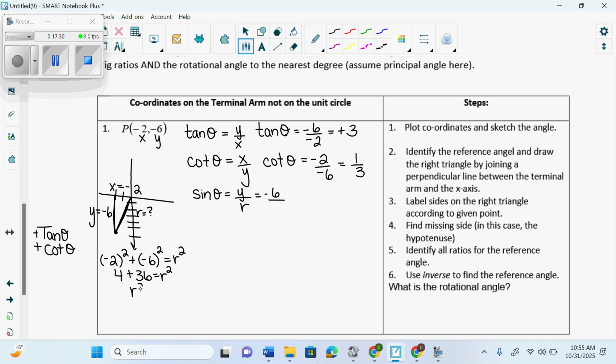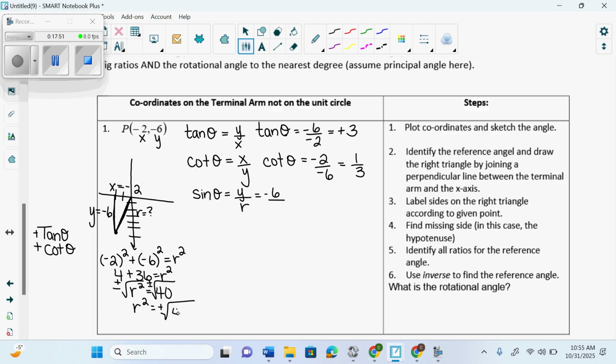R squared equals 40. Now when you physically use your arm and take the square root, what do you have to remember to do? Plus or minus. So we're going to get r equals positive or negative root 40.